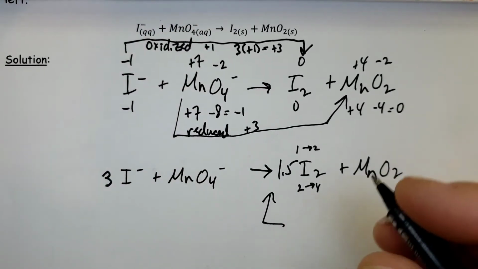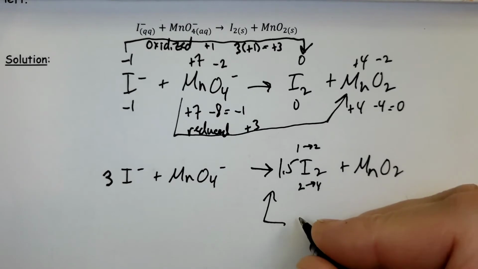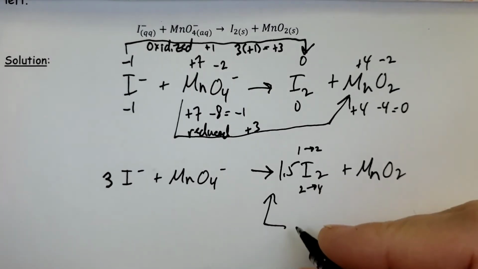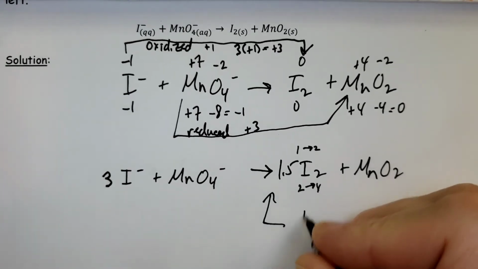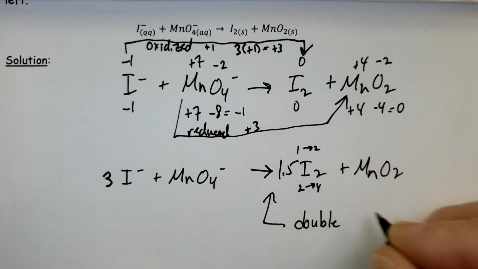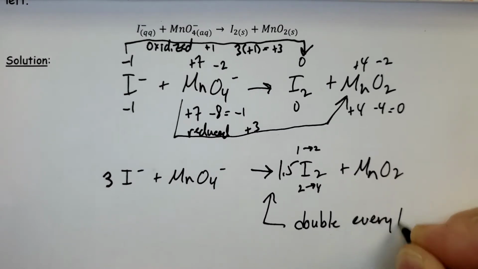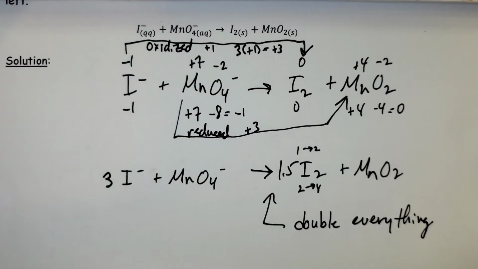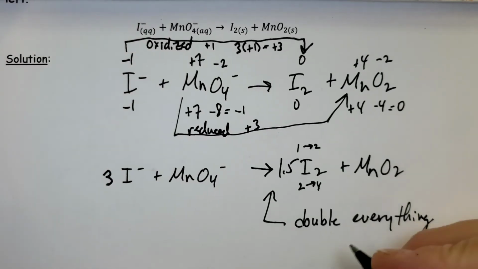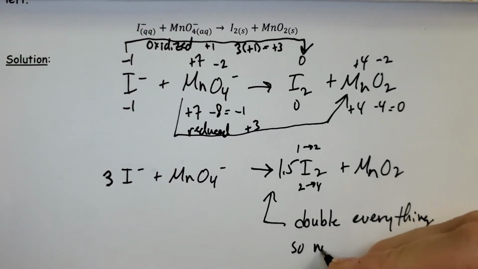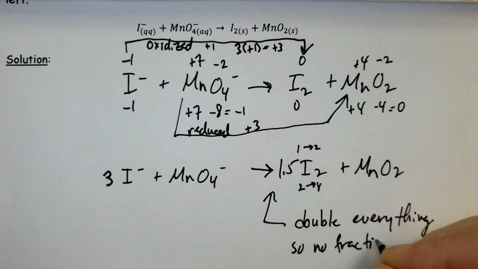So if you recall back in Science 10 or Physical Science 20, to get rid of having fractions or decimals, I need to double everything. Just like you did back then when you were balancing something. If you end up with fractions or decimals, you double everything.